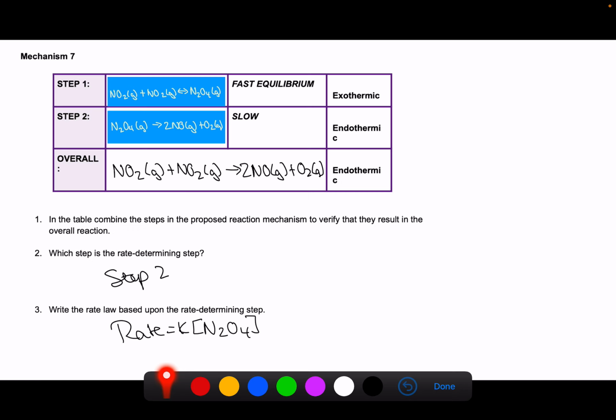One more. Reaction number 7. So again, I found my overall. Slow step is number 2. My rate law is k[N2O4]. But again, a problem because I can't have N2O4 because it's an intermediate. So same thing we did on ozone. I'm going to write my expression, which is the [N2O4] over [NO2] squared.